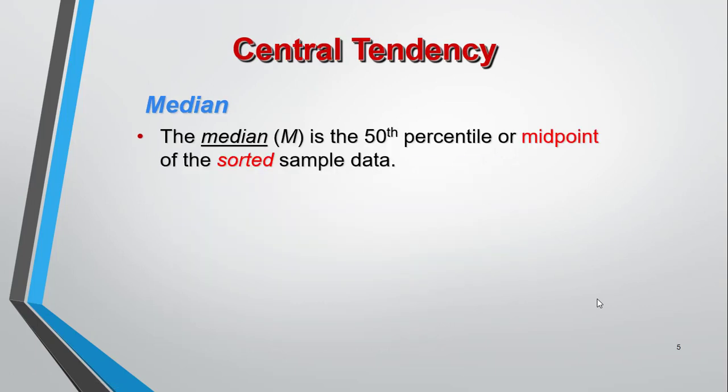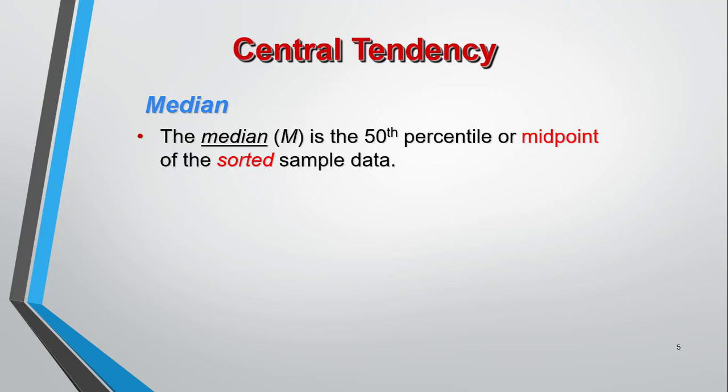Another measure of central tendency is the median. The median, or M, is the 50th percentile or midpoint of the sorted sample data. Two key points here: midpoint and sorted. So you have the data sorted from low to high, from the smallest to the largest, and then you find the one in the middle.